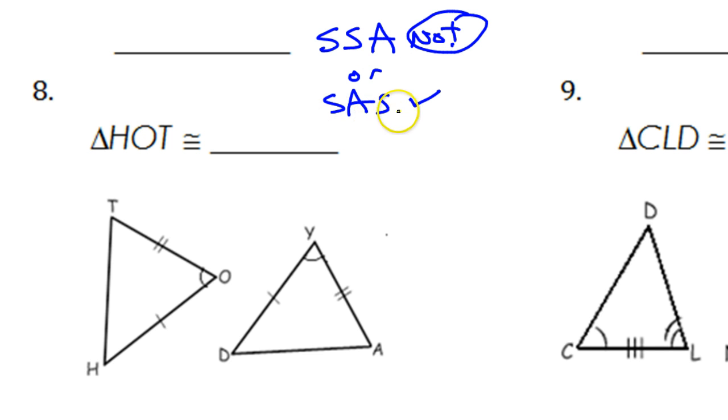Well, if it's going to be side-angle-side, it has to be two sides and the angle, what we call the included angle, meaning the angle in between the two sides. Okay, so here we have the two sides, here and here. And the angle that's marked congruent is this one. Is that the angle that's between these two sides?